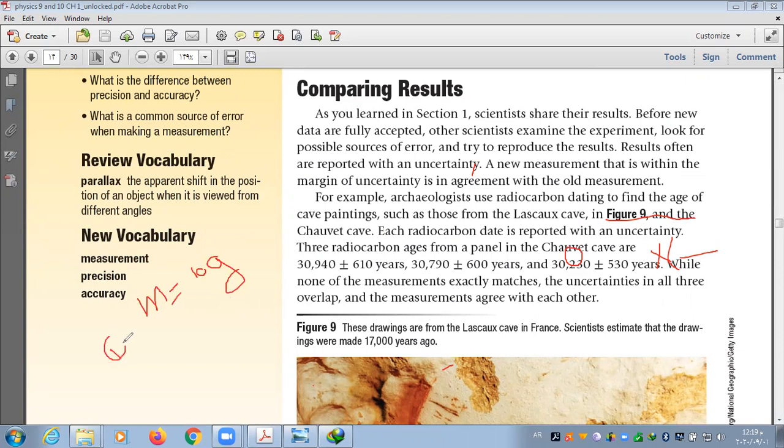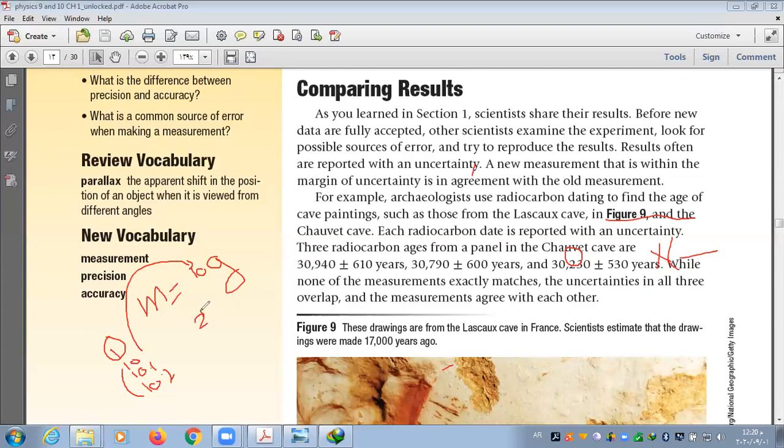The first student made many trials. The first trial, he said it is 10. The second trial, 10.1. The third trial, 10.2. So his reading is precise. Why precise? Because they are near to each other. And at the same time, they are accurate. Why? Because they are near to the real value or the accepted value.